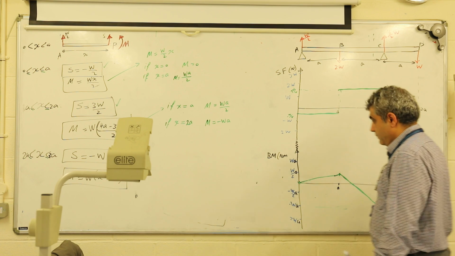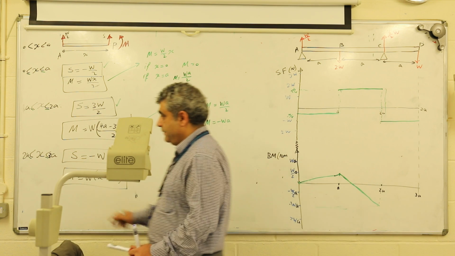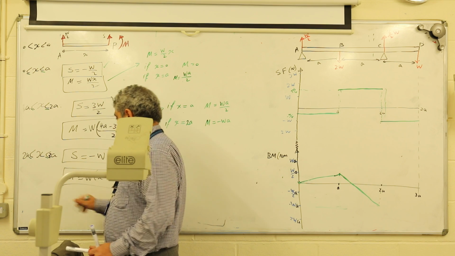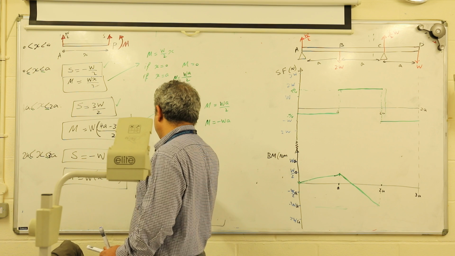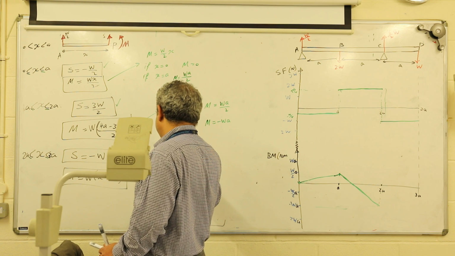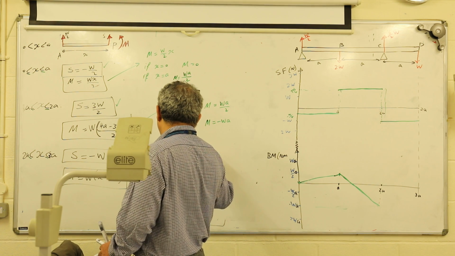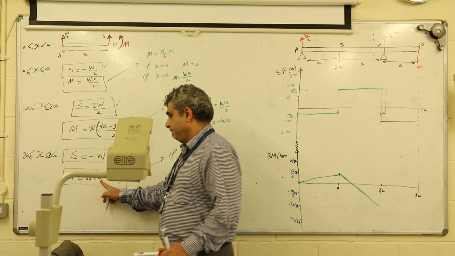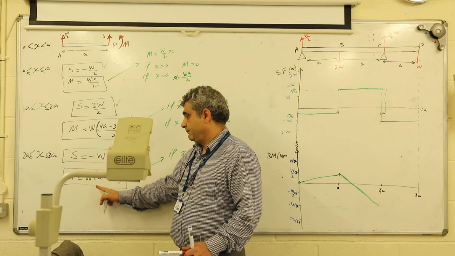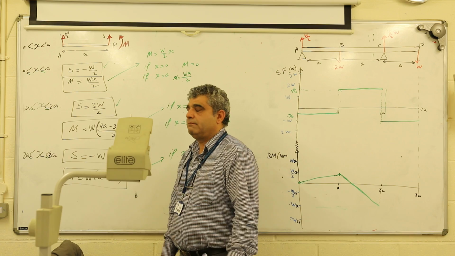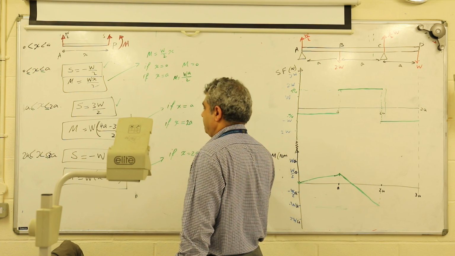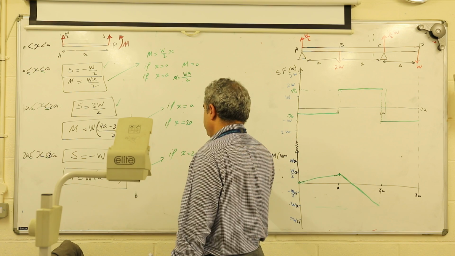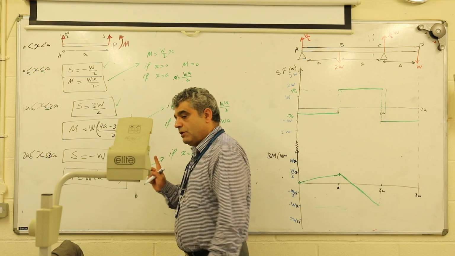Then we go for the range between 2A and 3A. I'll be using these equations. Look at that, I put the arrows as well. If x is equal to 2a, what would be the value of the moment? It would be W times x.